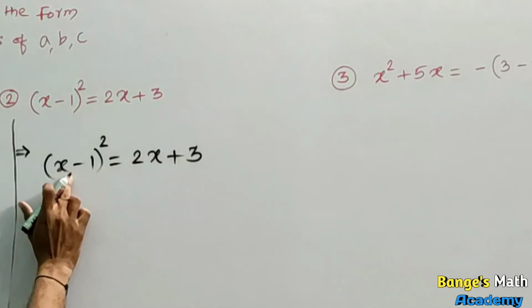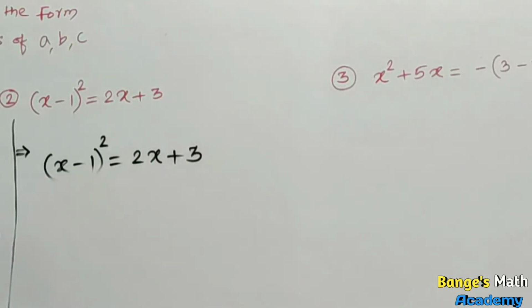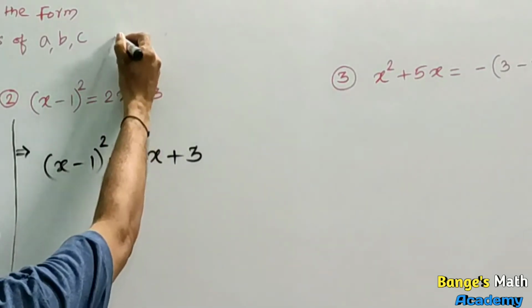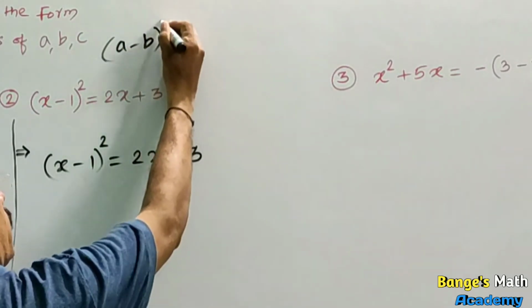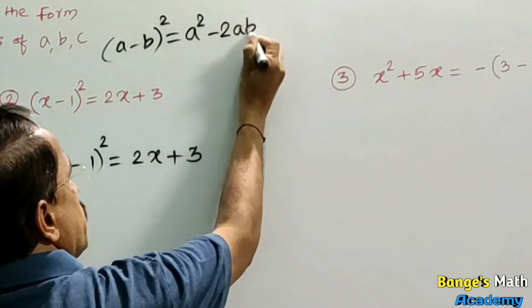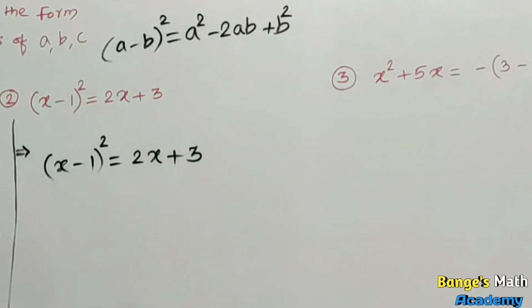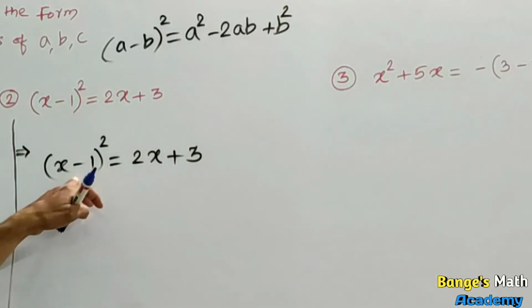So expand this by using the formula a minus b bracket square is equal to a square minus 2ab plus b square. By using this expansion formula, expand this.